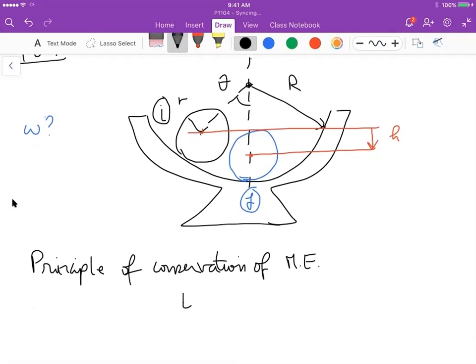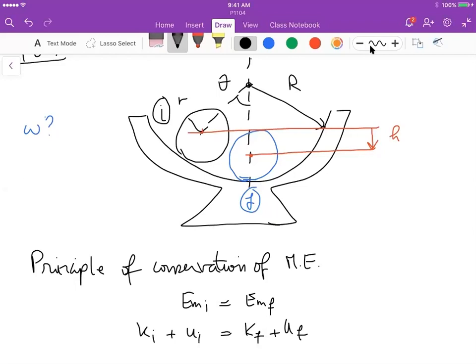And so we can write down that the mechanical energy at the initial time is equal to the mechanical energy at t final. Now, let's put this into details. So K initial plus U initial is equal to K final plus U final. Now we have to choose some reference level for the gravitational potential energy.